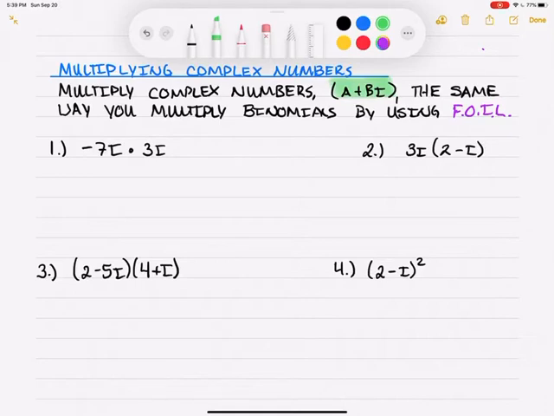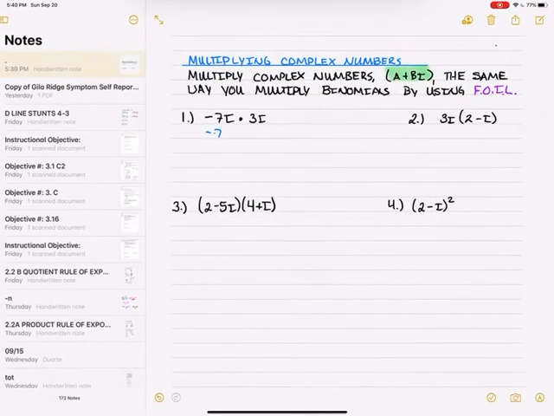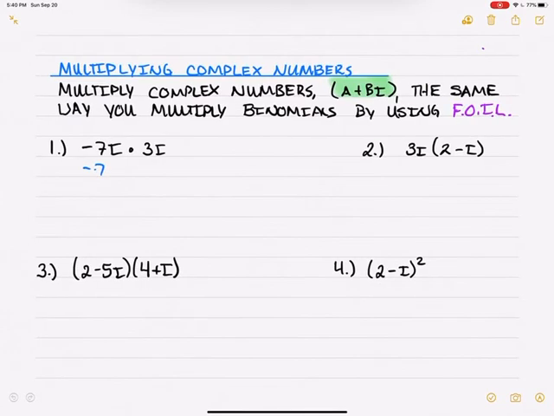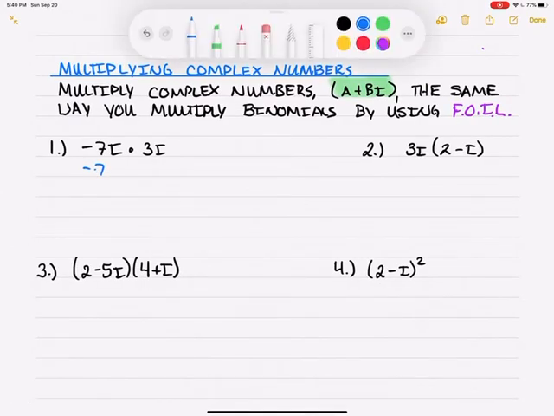In example 1, I have negative 7i times 3i. To multiply this, I bring out the numbers, so I have negative 7 times 3, and then I have i times i.